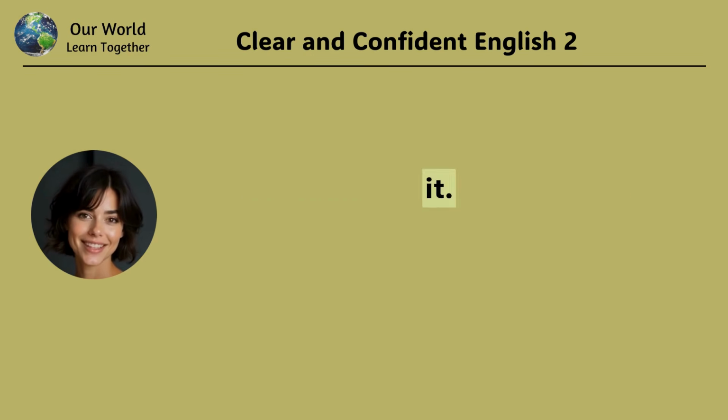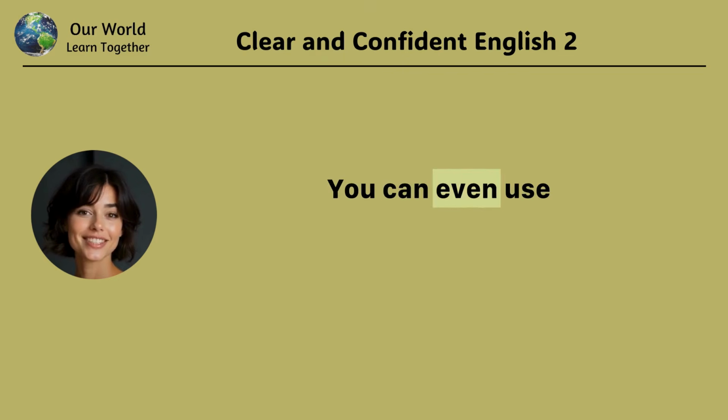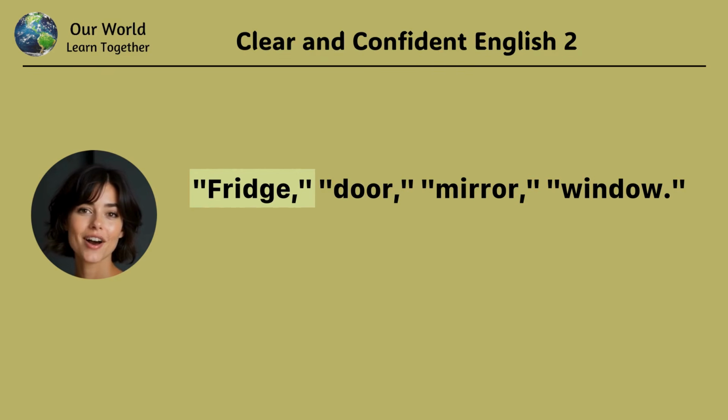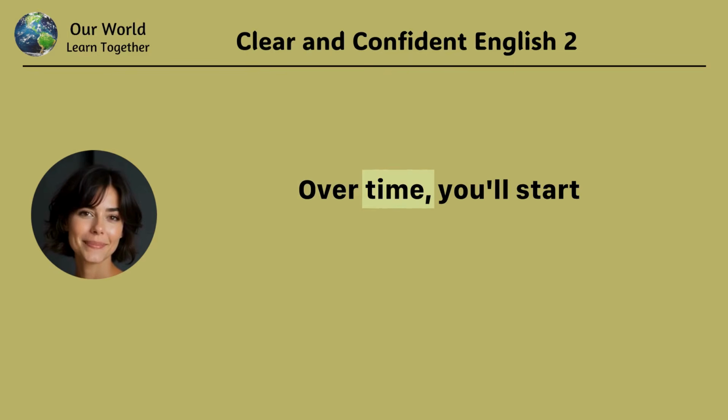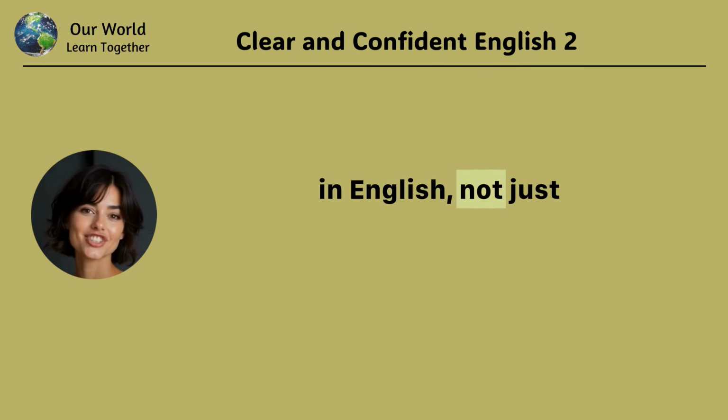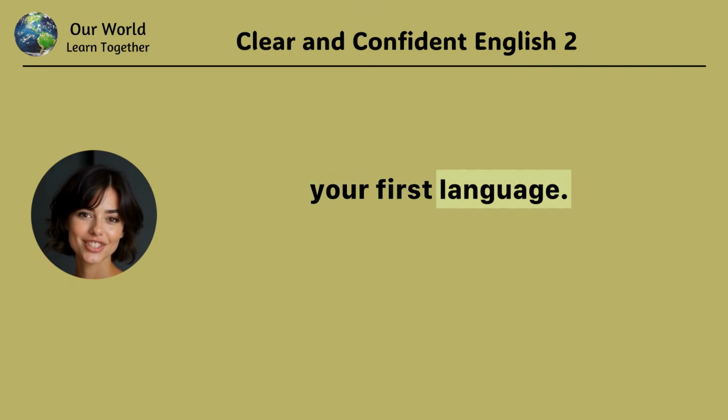You're living with it. You can even use sticky notes to label objects at home: fridge, door, mirror, window. Over time, you'll start to see your world in English, not just your first language.